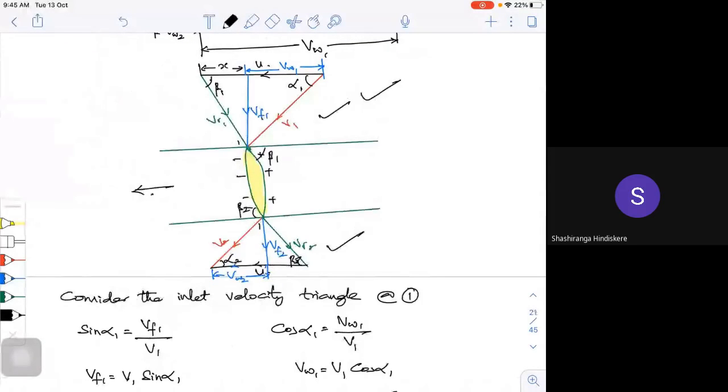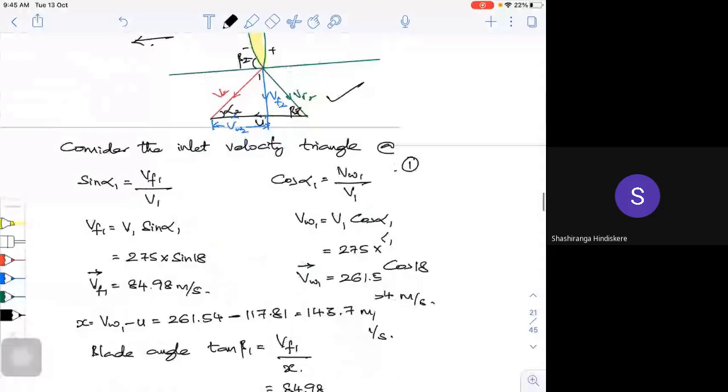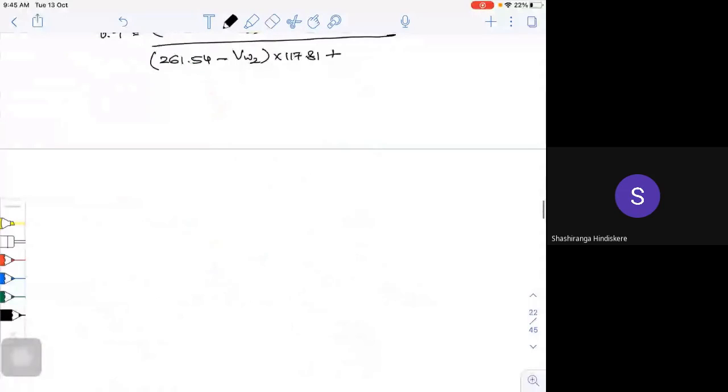Or you have another formula where there is a relationship between your degree of reaction and your absolute velocities, being an impulse machine. So for an impulse machine, or any general machine, you have this formula: epsilon is equal to (V1 square minus V2 square) divided by (V1 square minus R into V2 square).